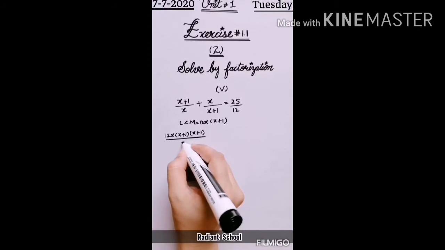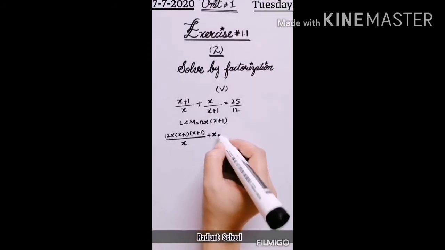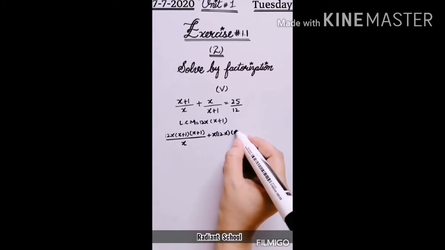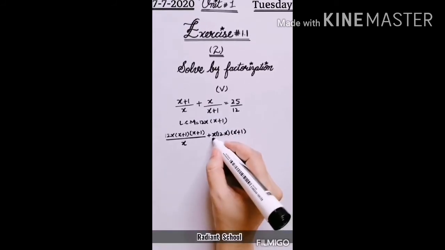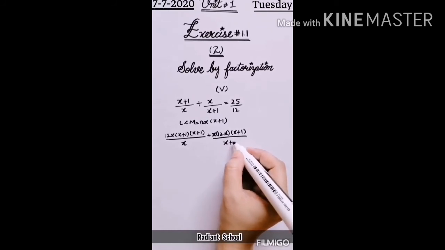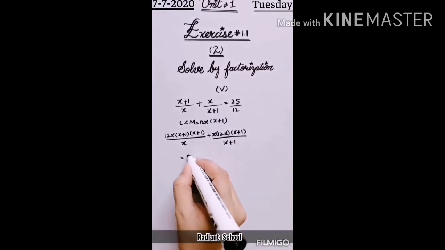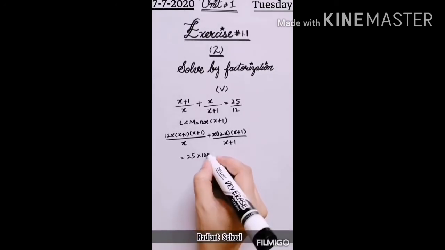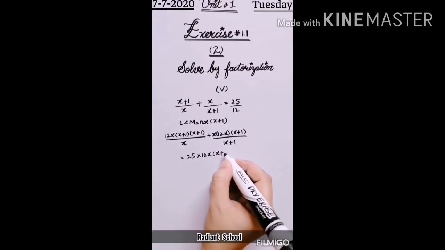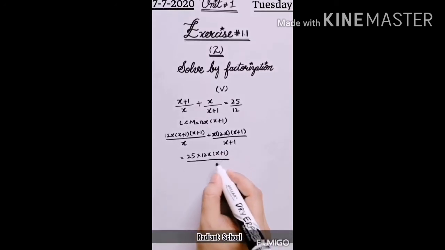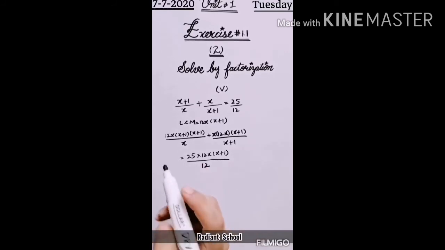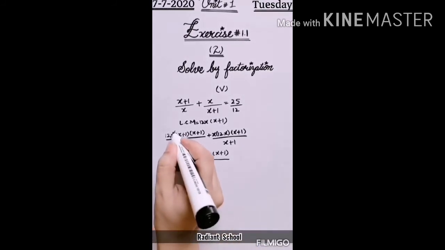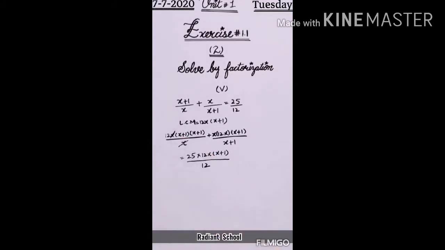In the division, with x we will multiply 12x, and x plus 1 divided by x plus 1 is equal to, with 25 we will multiply 12x into x plus 1 divided by 12. Now we will cancel the factors that can be cancelled. x will be cancelled. From here x will be cancelled.